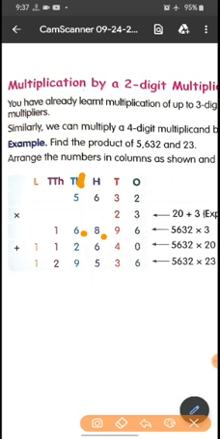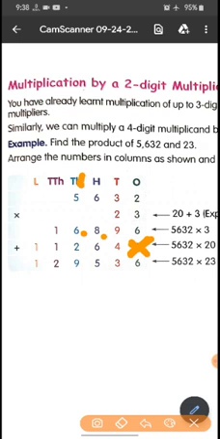Next, now we will multiply by 20, the multiplier, by the whole multiplicand. So for 20 we will write 0, or we will simply cross this place. This place we will not count in the second step of multiplication.